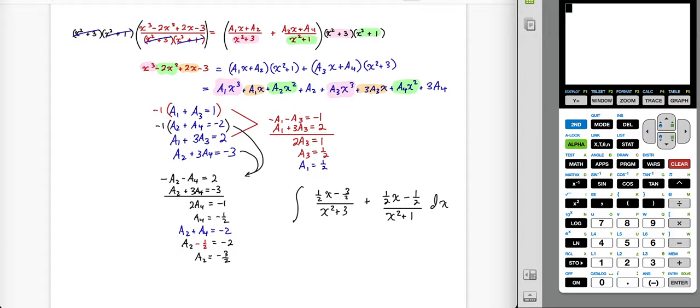Alright, so we're moving along here. Now it's just a question of, okay, well, now how do I integrate this? It's similar to what we just did. It's just a question of how it's all going to play out in the end.